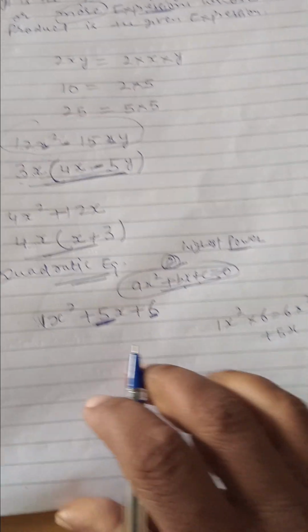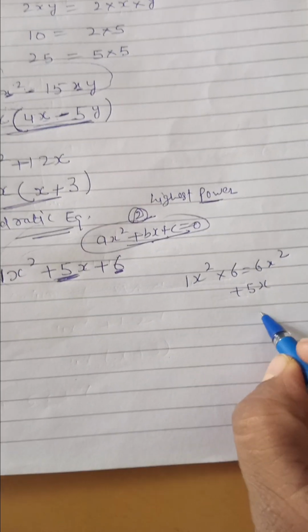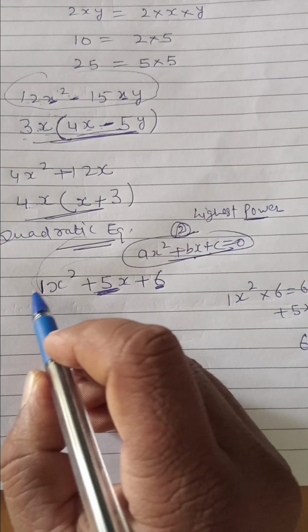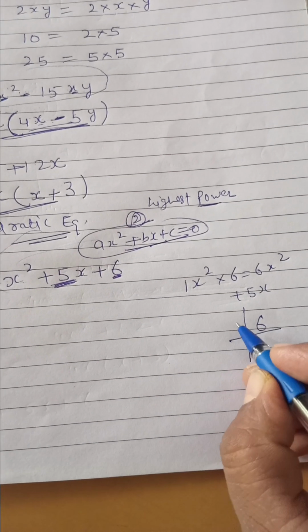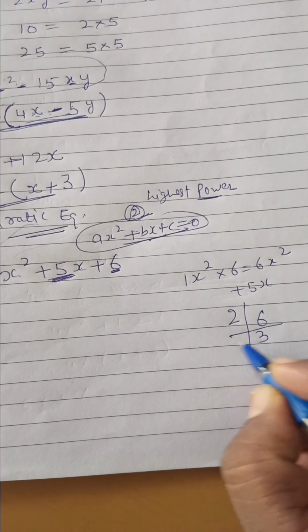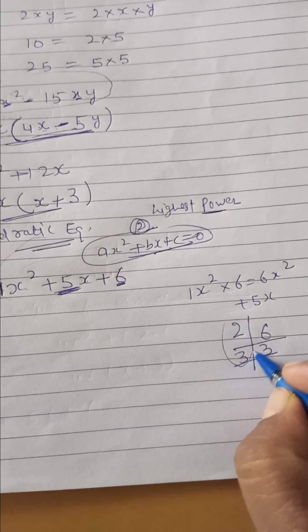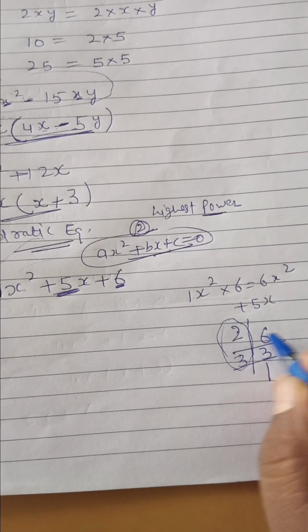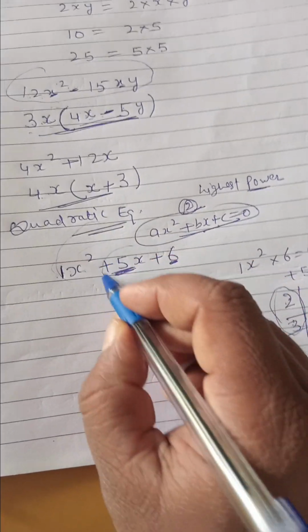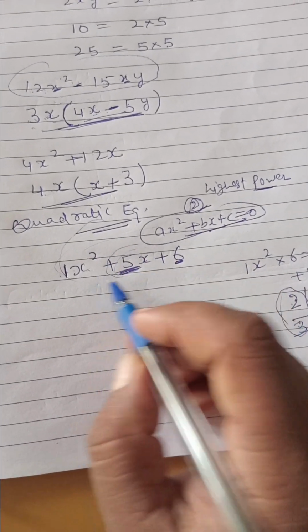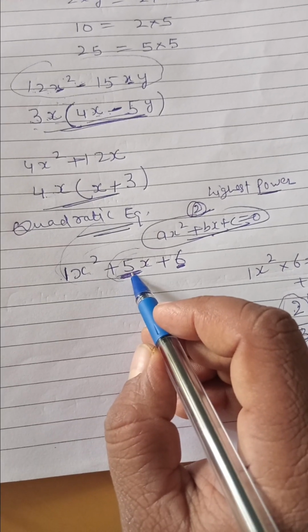Now we will find the factorization of 6. 2 threes are 6, so here 2 and 3, because 3 twos are 6 and 3 plus 2 is 5. This is the method to find the factorization. The main focus is on splitting the middle term.